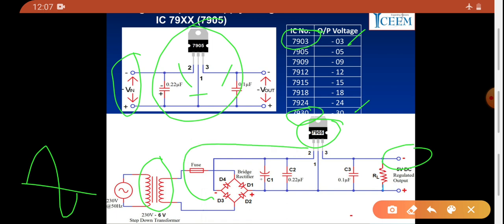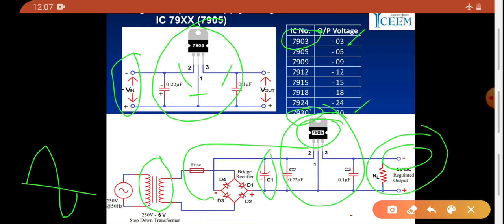In the previous circuit, the positive terminal was connected as input because positive Vin was applied. Here negative Vin is applied. Then this is the filter capacitor, and this is the circuit of 79XX with two capacitors, C2 and C3, input and output capacitors, and you will get minus 5 volt at the output.